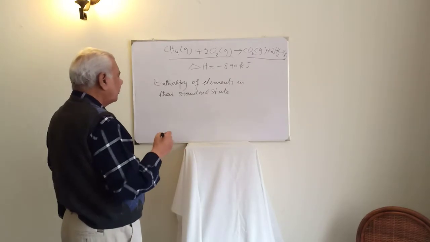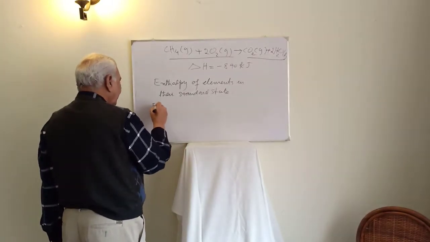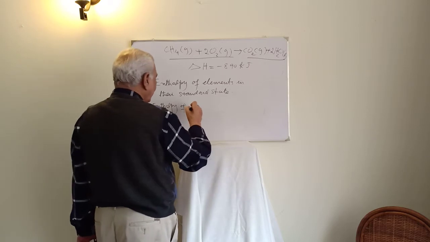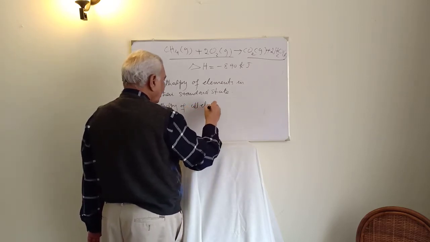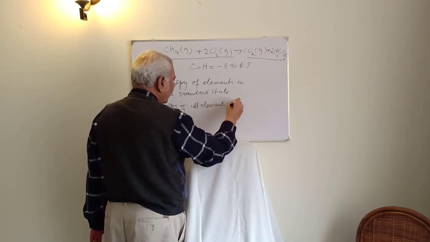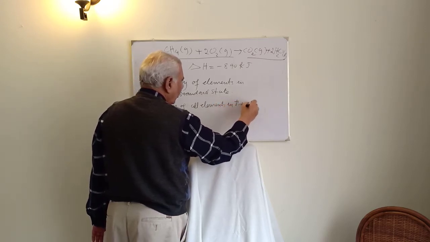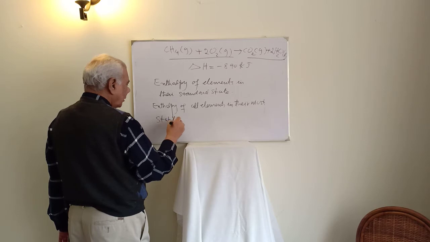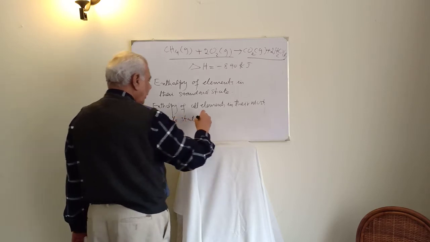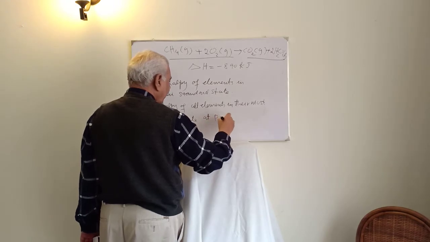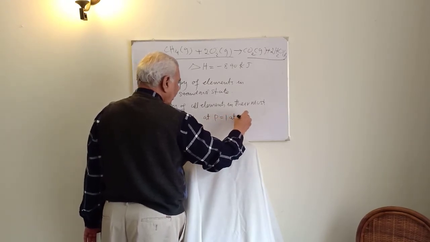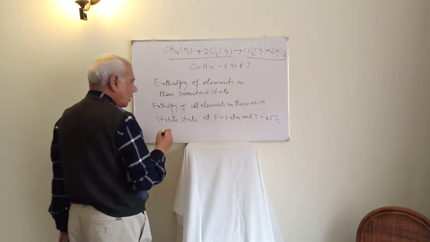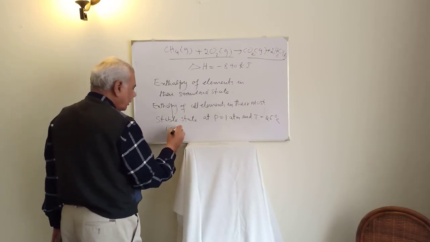So what we say is that the enthalpy of all elements in their most stable state at P equal to 1 atmosphere and T equal to 25 degrees centigrade, which is specified, is 0.